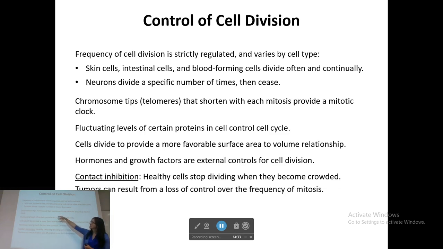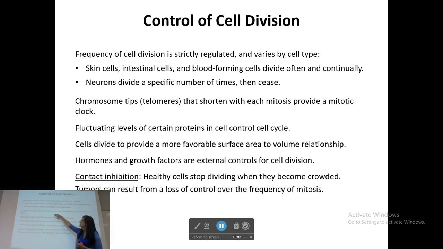So the chromosome tips, which are telomeres, shorten with each division of the cell. Each time the cell replicates the DNA, that little segment of the chromosome gets shorter. And when it gets to a certain length, it's going to stop replicating that DNA. It's not going to be able to continue to divide.